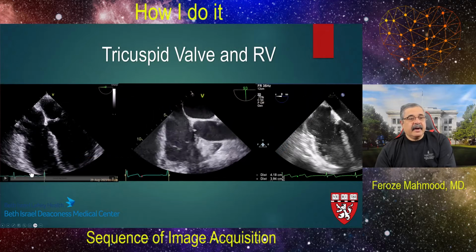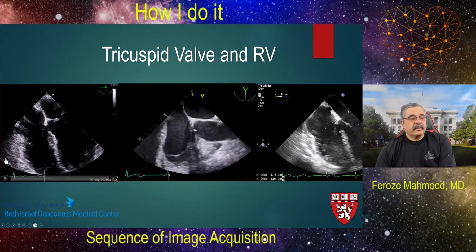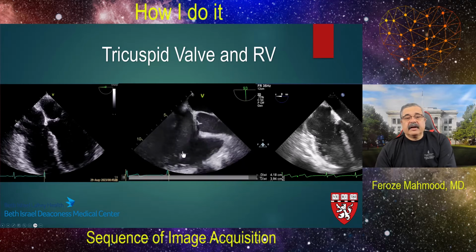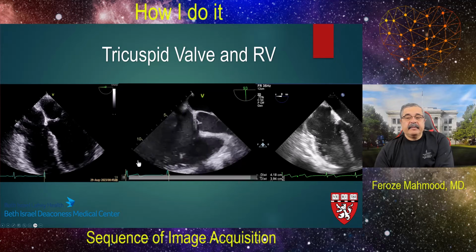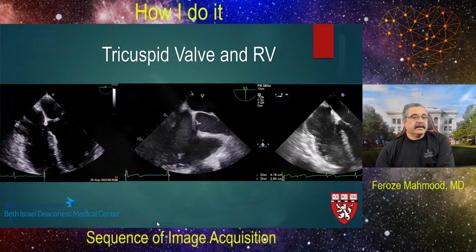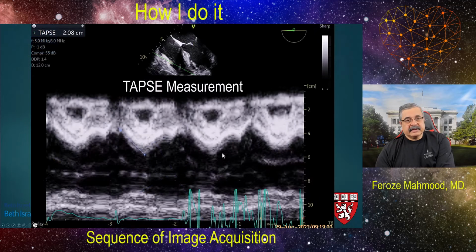At the same time, I can also look at the tricuspid valve, that is the midesophageal four-chamber view, in this view, the RV inflow view, and measure the RV diameters as well as the tricuspid annular diameter in the septal view. And in real time, this is the tricuspid annular diameter, the RV basal diameter, RV mid diameter, as well as the RV long axis diameter, which can be measured in the midesophageal four-chamber view while you're completing this exam.